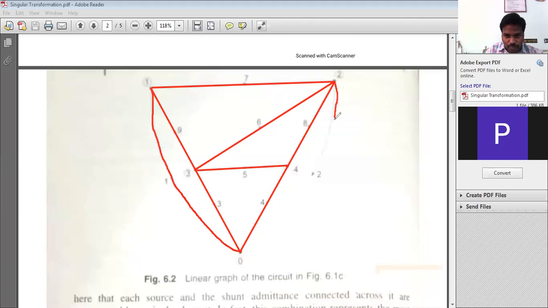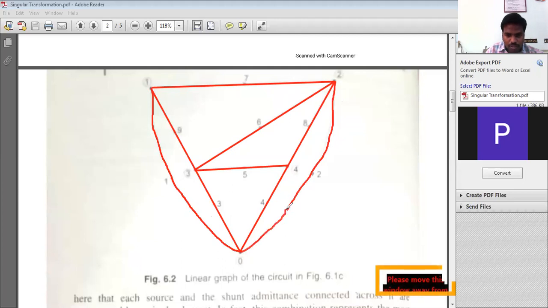See, only for your purpose, I'm going to draw again the network here.